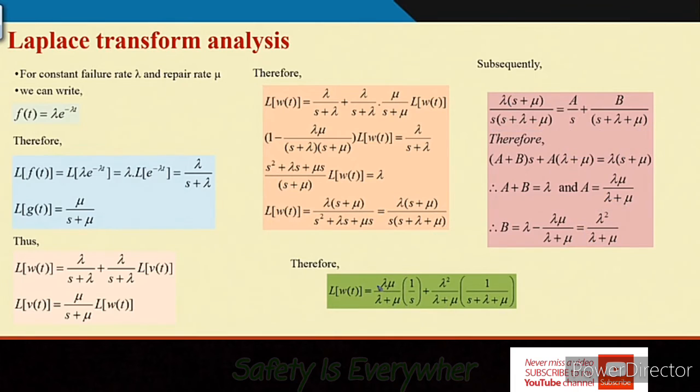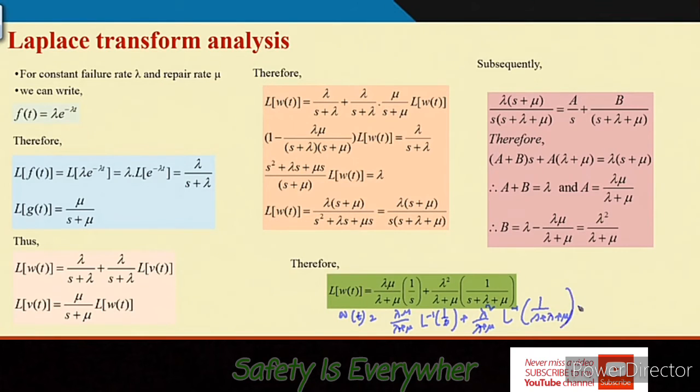Now, if you take the Laplace transform, what will you get? WT equals lambda mu by lambda plus mu, L transform of 1 by s, plus lambda square by lambda plus mu, L transform of 1 by s plus lambda plus mu. So, you all know what the equation will be. 1 by s means it will be 1, and this one will be e to the power minus lambda plus mu into t. So, that is what we got.